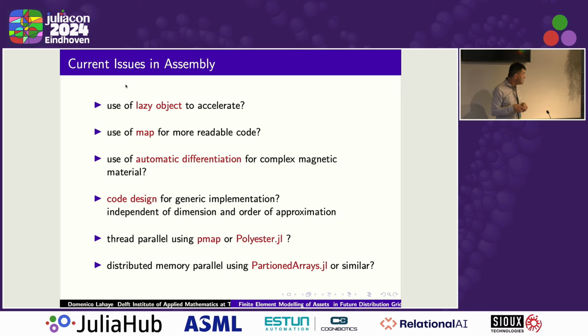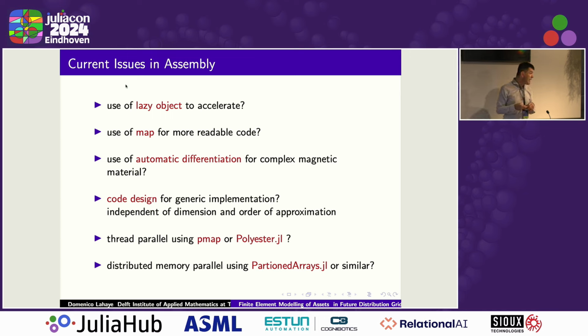We are trying to further explore the assembly part of the code by looking at issues as lazy objects or using it as a map to be able to arrive maybe at a more readable implementation. I'm happy to have feedback on that. The use of AD tools discussed in the previous talk to be able also to do optimization and to treat nonlinear materials.